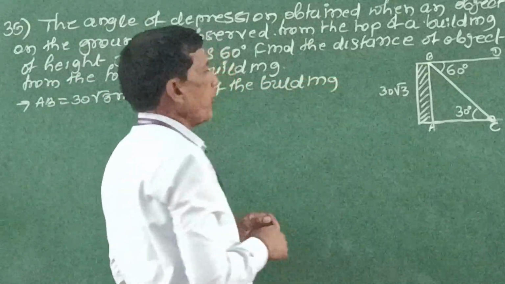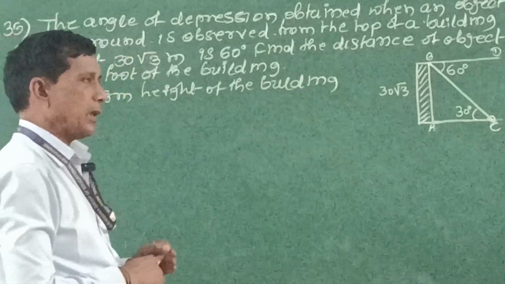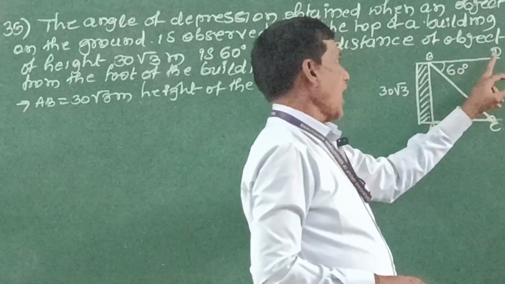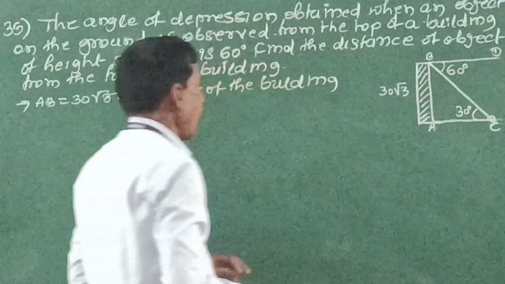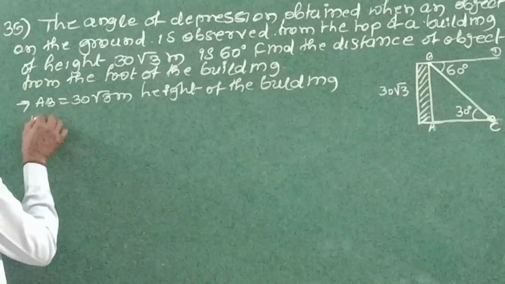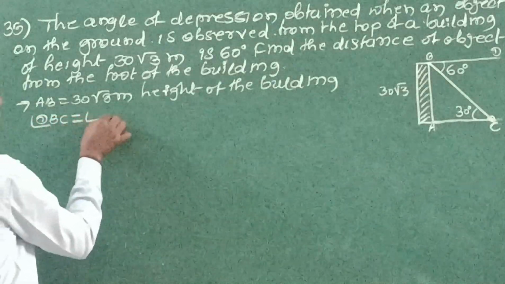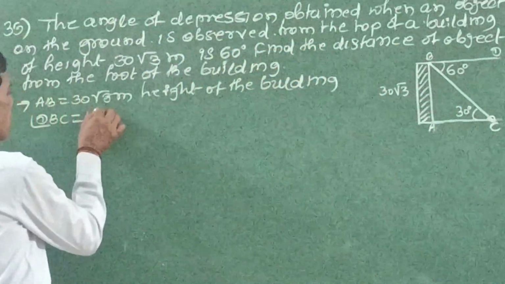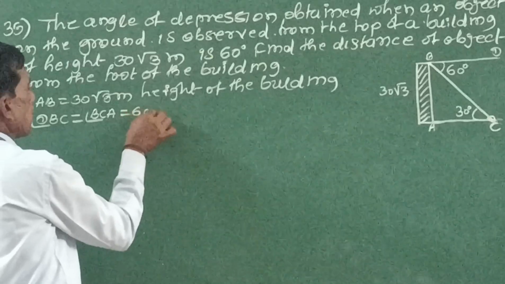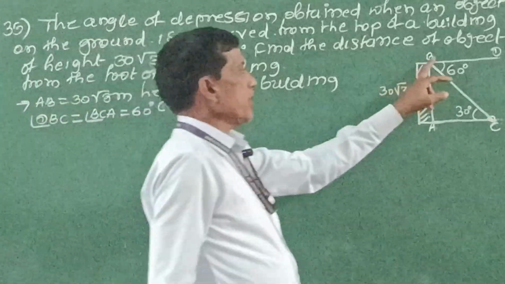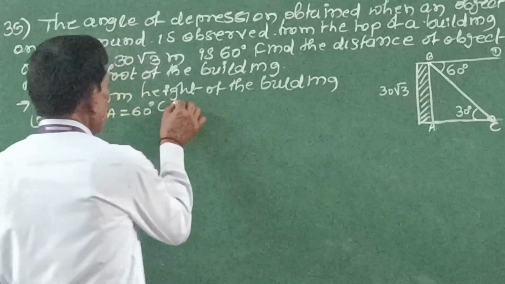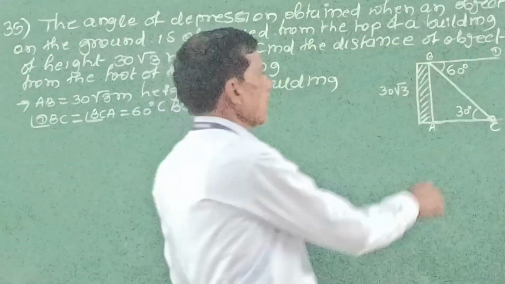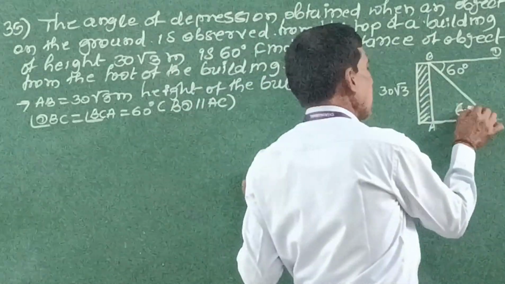The depression angle given is 60 degree, so angle DBC equals angle BCA, so BCA equals 60 degree, because BD is parallel to AC.